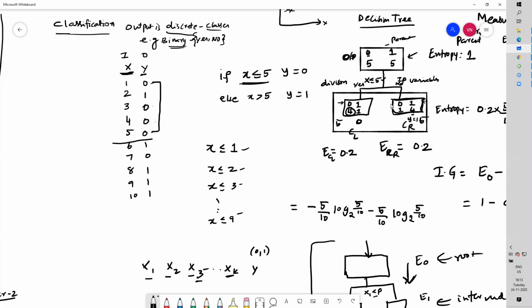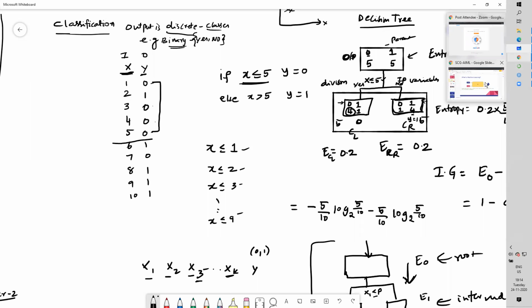In such cases, we need much more rigorous learning methods than all these algorithms that we have seen so far. Okay, so what are they? How do they learn?